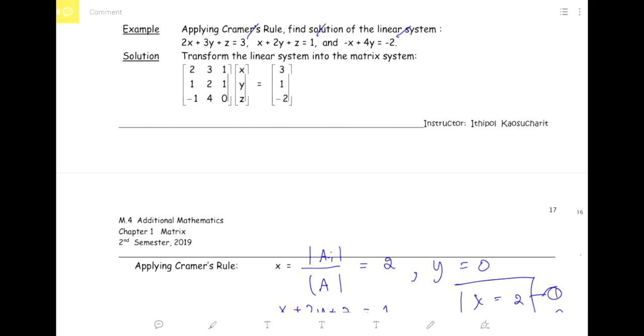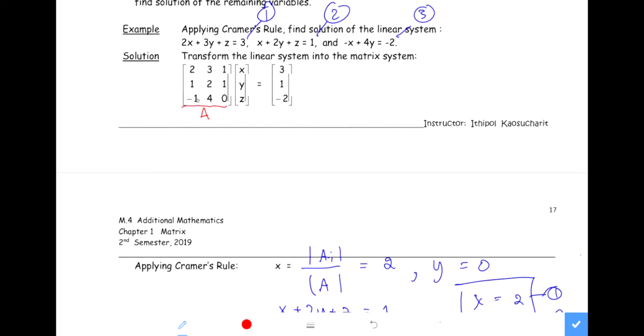Okay, let's start with the determinant of A. A is there, right? This is A. I want to get the determinant of A, so I have to go 2, 1, negative 1, 3, 2, 4, 1, 1, 0, like this, and then copy 2, 1, negative 1, 3, 2, 4 there, and I just have to go cross down, minus 3, cross down again, 4.